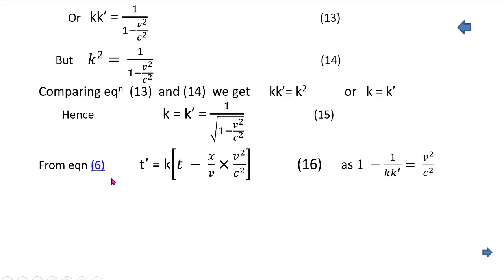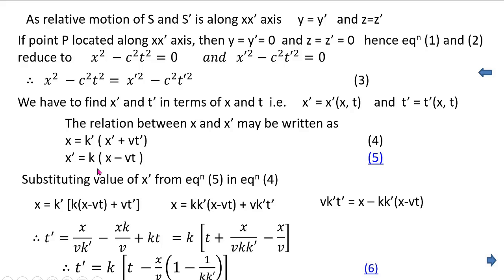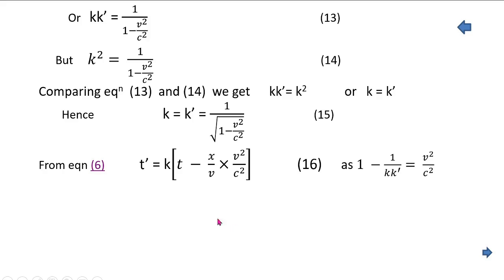Hence in equation 6, the equation of t dash, substitute this value of k and 1 minus 1 upon k dash is equal to v square upon c square, and k is equal to 1 upon square root of 1 minus v square upon c square.